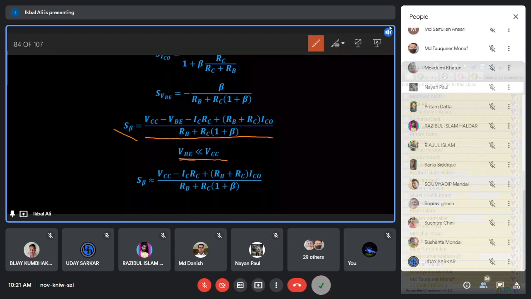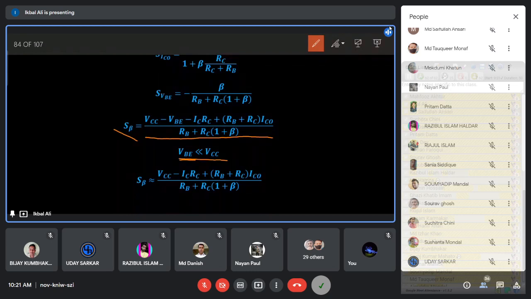So in the S beta expression, we can neglect VBE. The expression will not be much more incorrect. We can do this because VBE is very much less than VCC. Then the approximate expression for S beta will be slightly simpler compared to the previous one. So this is the expression.